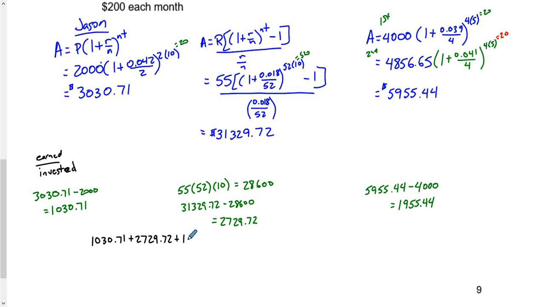So adding up only the interest and dividing it by how much was actually invested. So $2,000 in the first one, $28,600. The second one, $4,000. The third one.